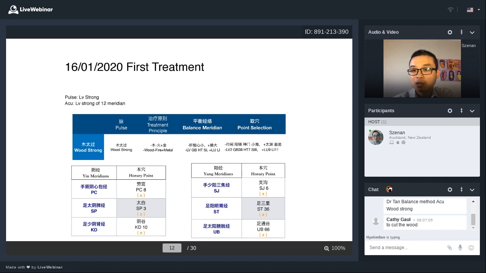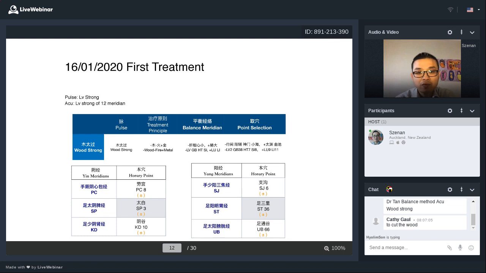So those points are liver 2, gallbladder 38, heart 7, small intestine 8, lung 9, and large intestine 11. There's no direction, just perpendicular to the skin. You don't have to go deep, just a little bit. I use 15 mm needles, 0.15, very thin.